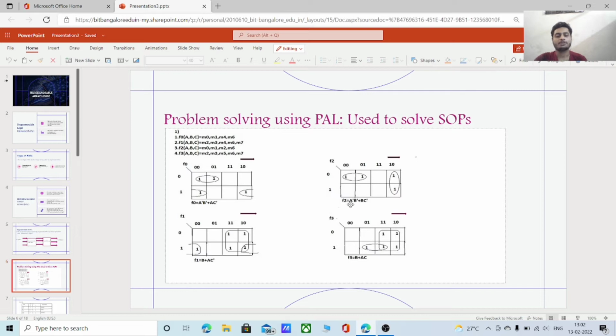So f2 is A complement B complement plus B into C complement. And in f3, the cell values at 2, 3, 5, 6 and 7 are 1. So in 3 it's 1, in 2 it's 1, in 7 it's 1, in 6 it's 1, in 5 it's 1. So we can group these 4 as a quad and these two ones as a pair. So f3 is B plus AC.